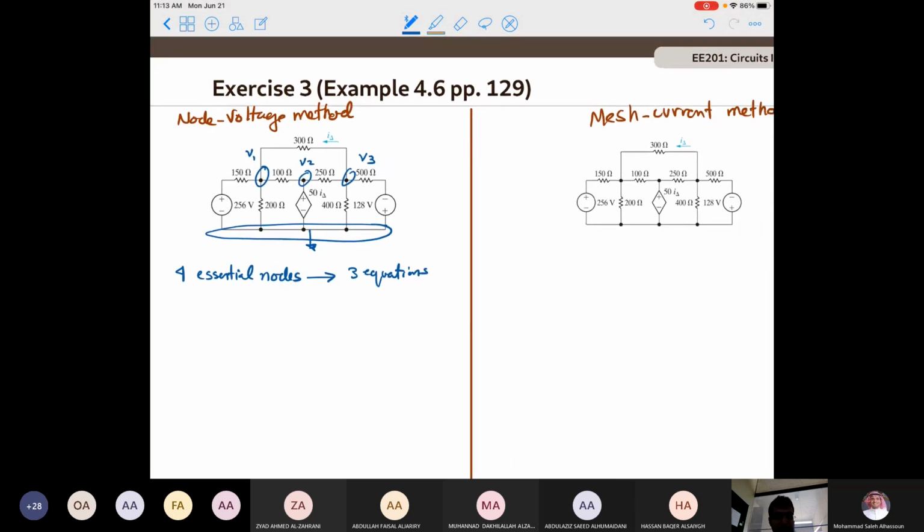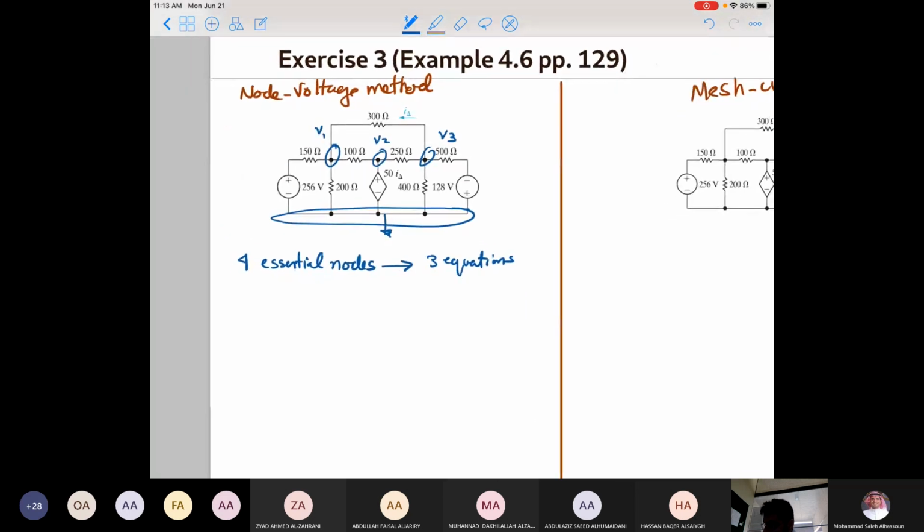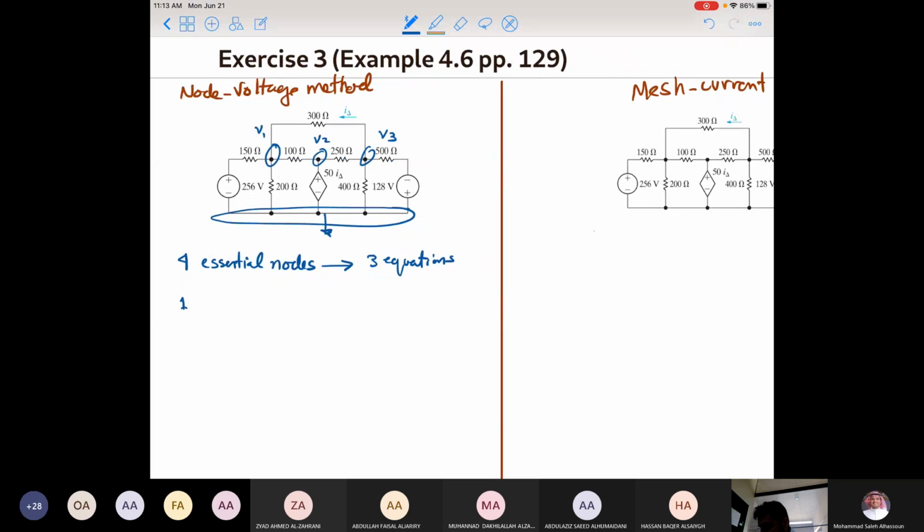So I'm trying to evaluate which one of them to use. And also, I have one source, in this case this source, connected between a reference node and another essential node.